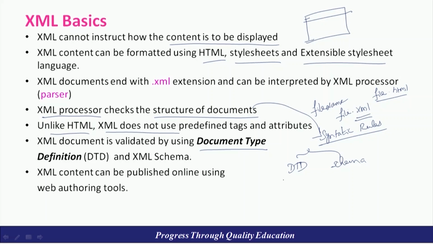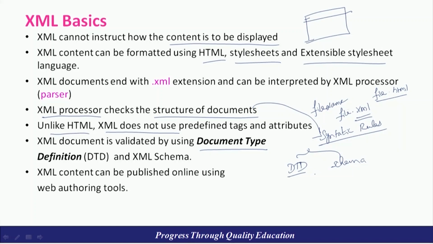Document type definition, DTD. This is also an important tool for checking the content of XML tags. The structure of an XML document can also be verified by DTD. We will be discussing advantages and maximum extensions of DTD, and some of the validations are not possible with the DTD.